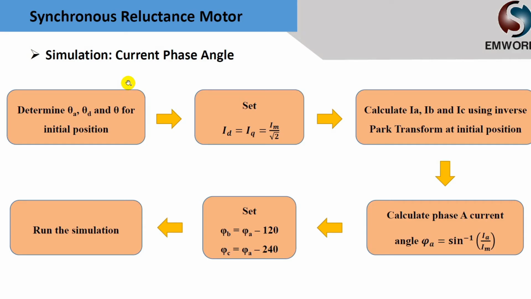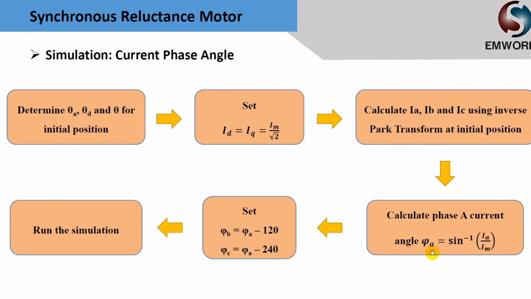Let's look at how we calculate the phase of current angle value. After determination of the theta angle for the starting position of the rotor, we set the D-axis and Q-axis current equal to the maximum current of the sine wave divided by square root of 2. Then the Park transformation is applied to calculate the ABC phase current values at the first position.